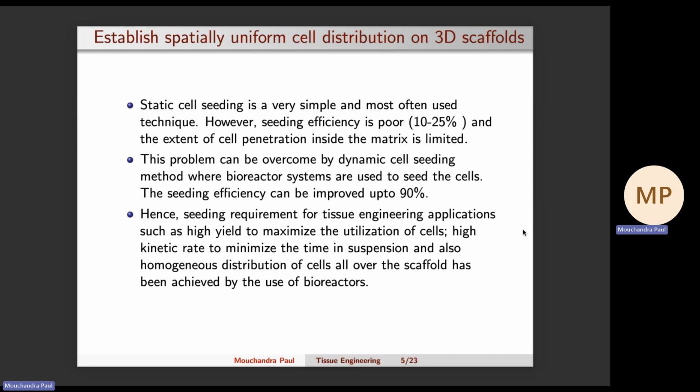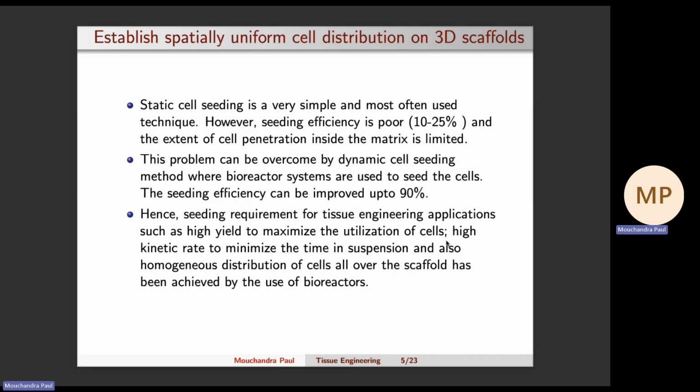Hence, the seeding requirement. If we use dynamic cell seeding, we can actually meet the seeding requirements for tissue engineering applications. What is important for tissue engineers is that we should be able to maximize the utilization of the cells that we are using.